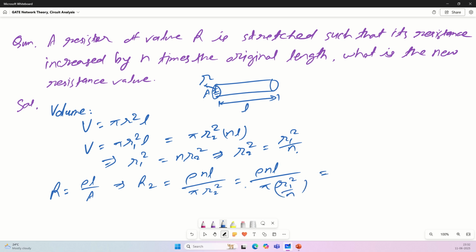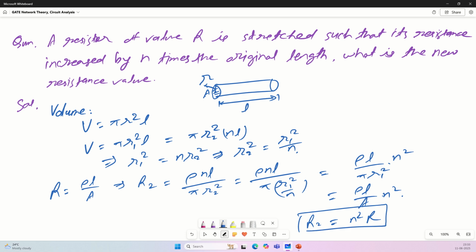That gives rho L by pi r1 square into n square. And you know already rho L by pi r1 square is rho L by A, which is the original resistance R, into n square. So I can write n square R. My R2 has become n square times the original resistor. So if length is stretched to n times, the resistance will be increased by n square times.